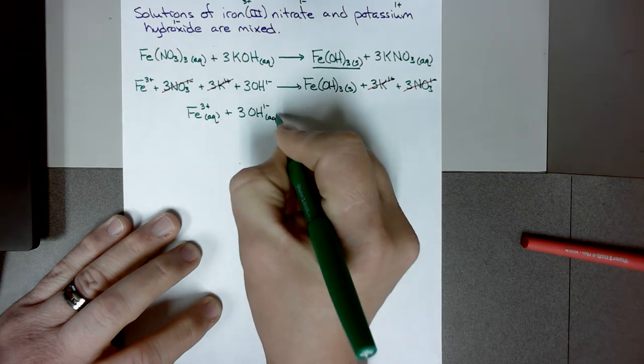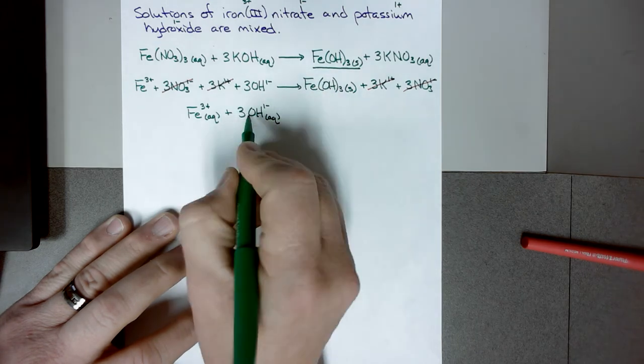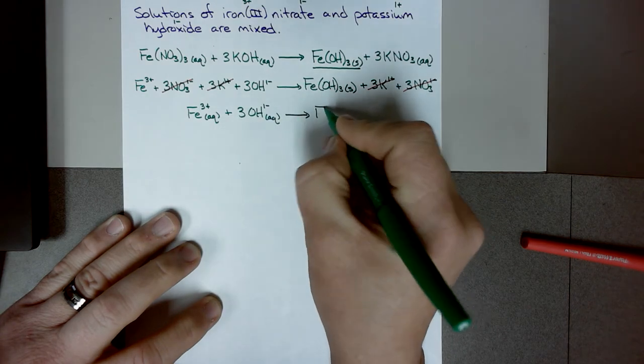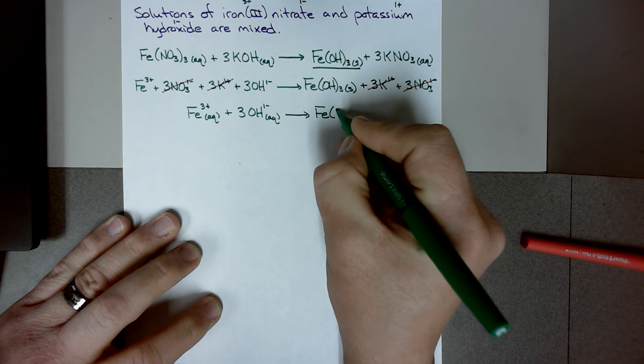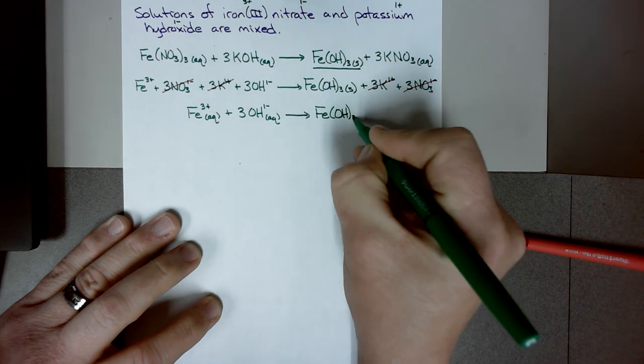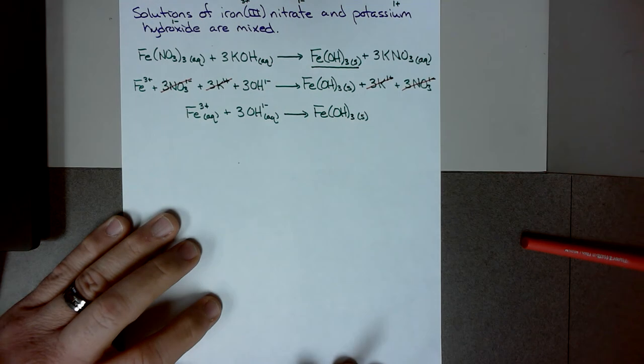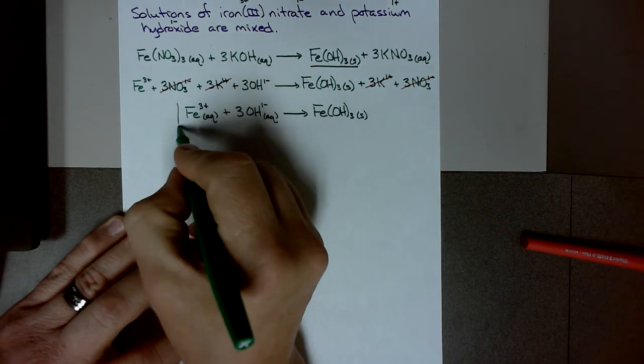So these are aqueous and they're charged. The change is that they now form a neutral compound that is solid. So there's the change that occurs. So this is my net ionic.